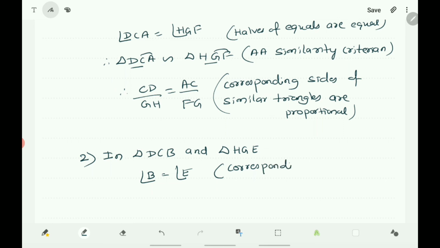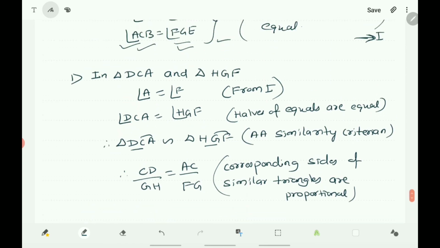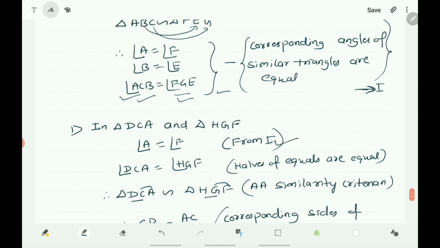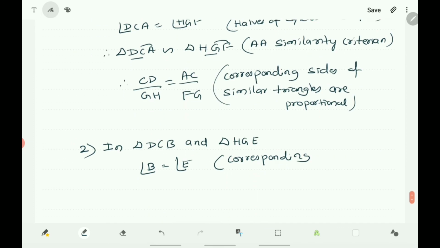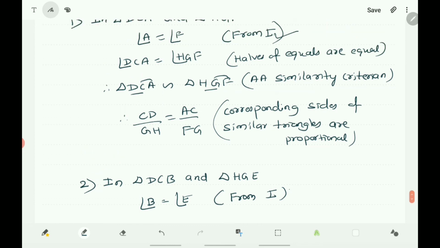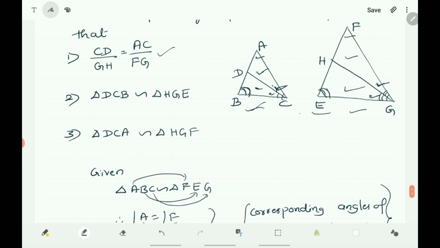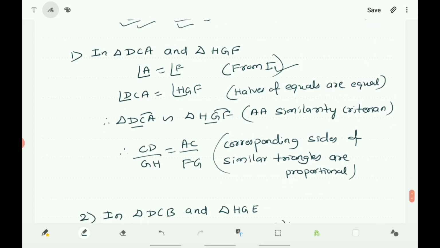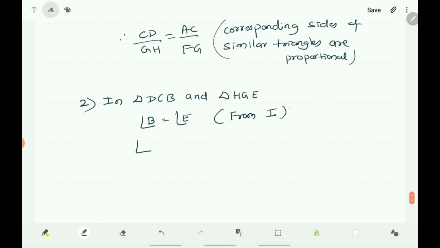From the first you write, corresponding angles of similar triangles are equal. Next you take halves of equal angles are equal, that is angle DCB is equal to angle HGE.